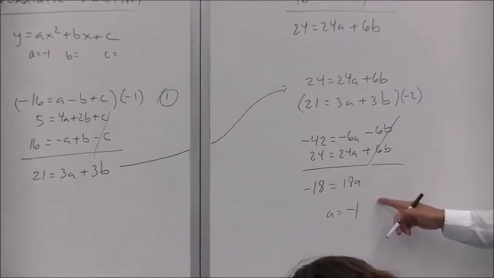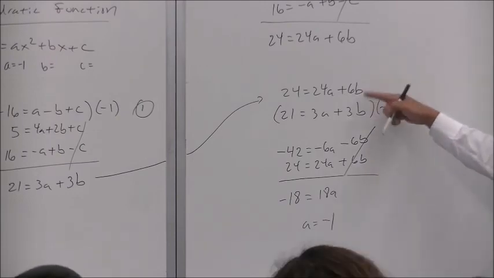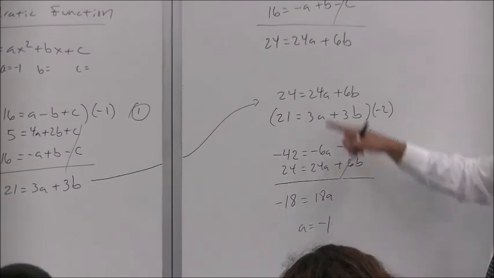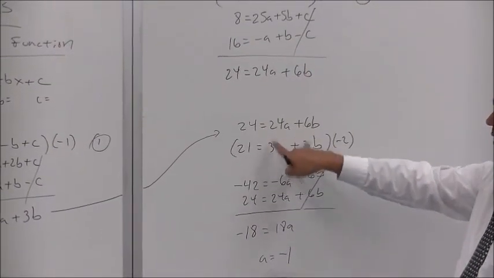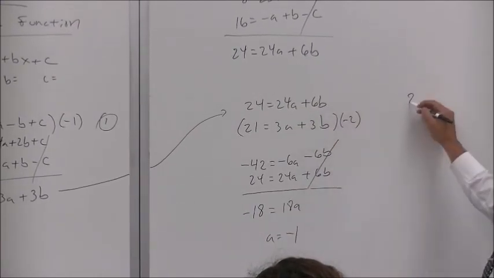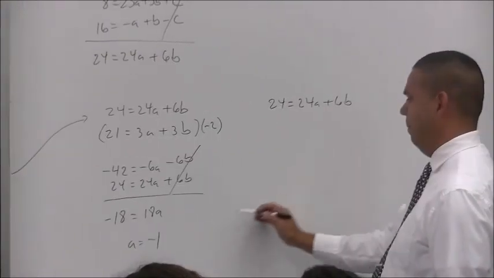How are we going to find B? Just plug it in. Just substitute it into one of these two. Don't go back up here, because if you try to put negative 1 in here, you're still going to have 2 unknowns. So just use the last 2. Okay? So I'm going to take 24 equals 24a plus 6b.